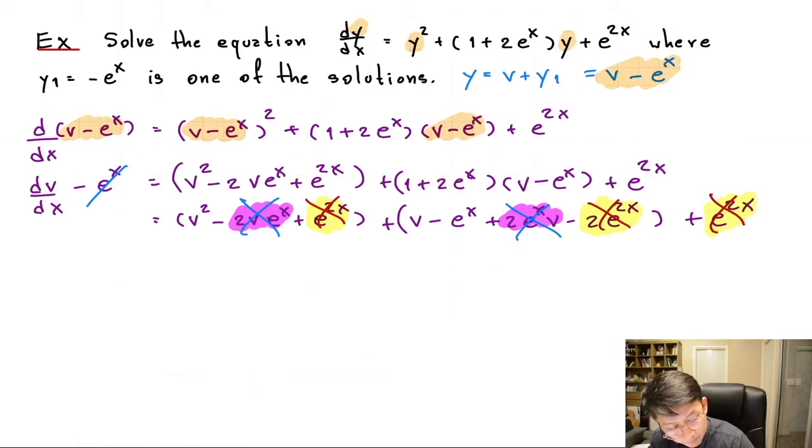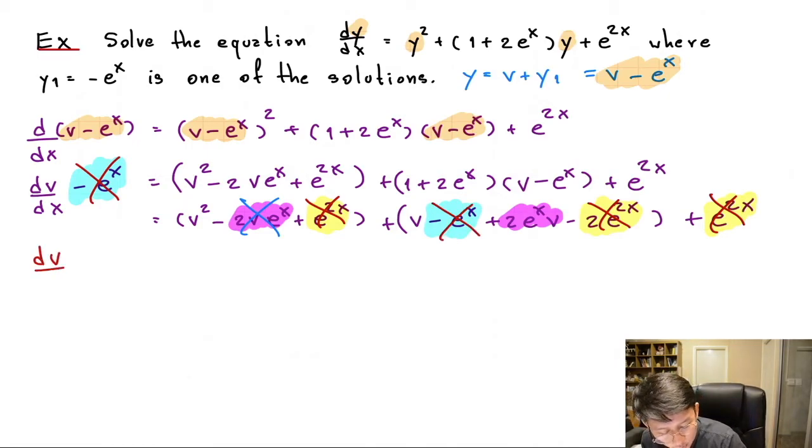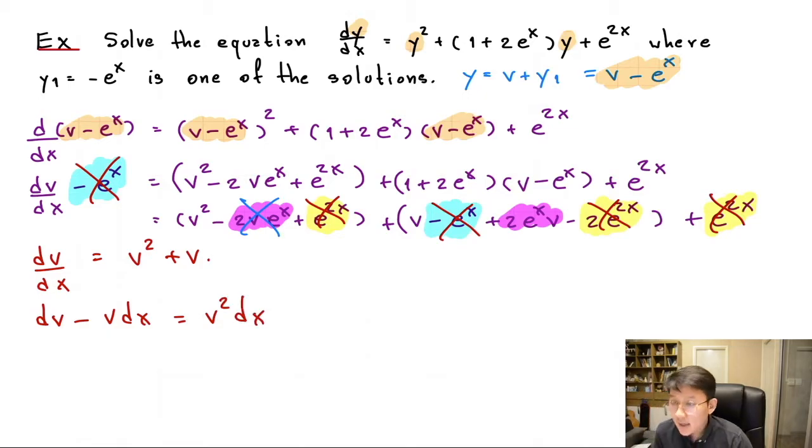So here, this e to the x and this minus e to the x, they cancel out as well. So the equation that we have left is quite simple: dv minus v dx equals v squared dx, and you can see that it is a Bernoulli equation.